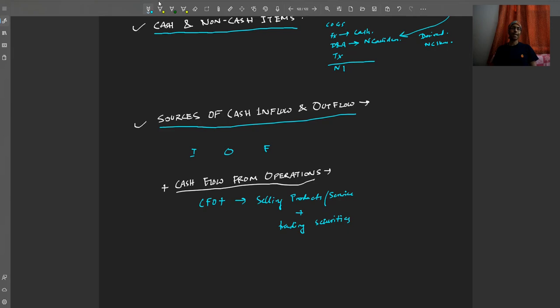Now let us take examples of some cash outflows. CFO minus, that is cash outflows. This is paying salaries, finishing product from inventories, right? Converting inventory into a finished product, delivery of the product, marketing expenses, etc. So these are examples of cash outflow from operations.